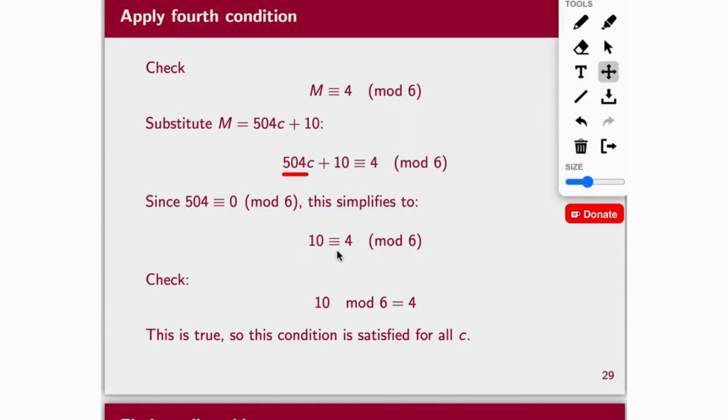So 10 is congruent to 4 mod 6. What's 10 mod 6? That's 4. So essentially 4 is equal to 4, which means this side is equal to that side, and so this condition is satisfied for all C. You can think of it like that.